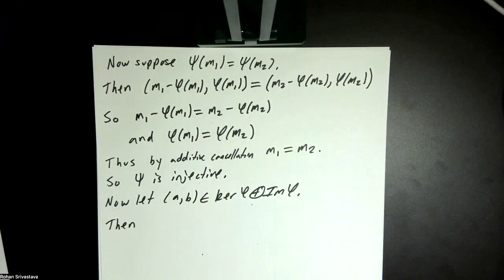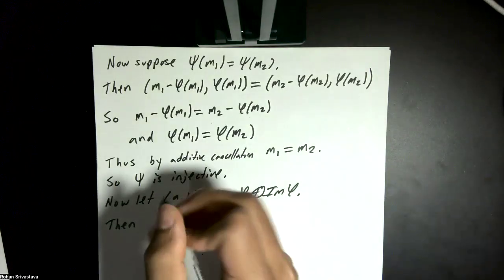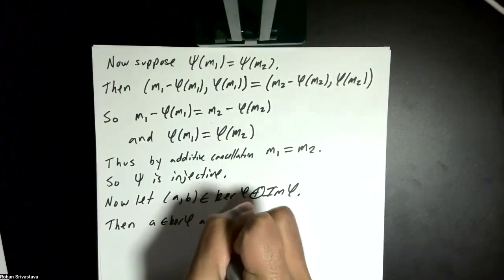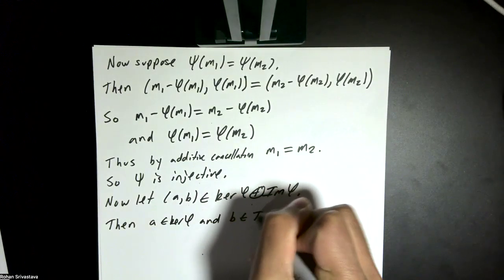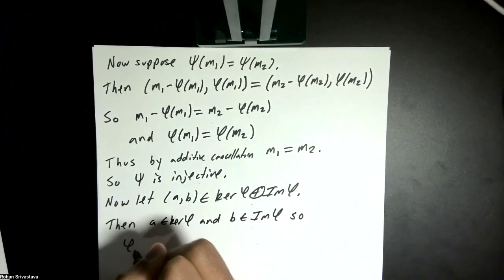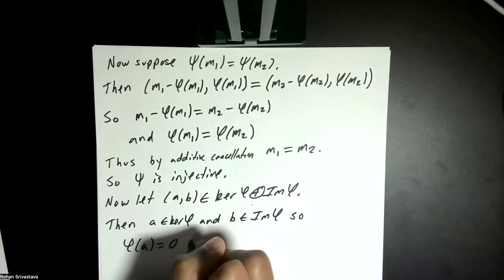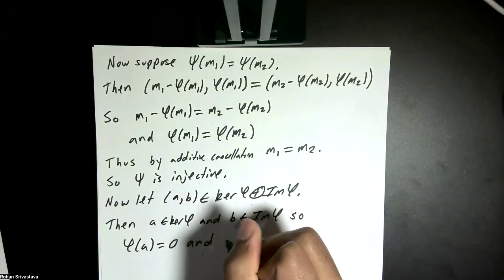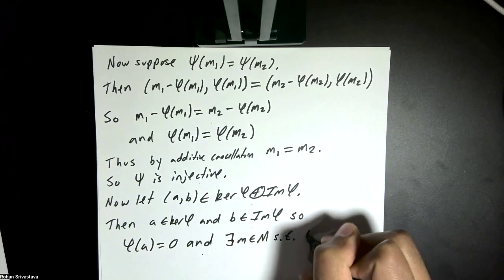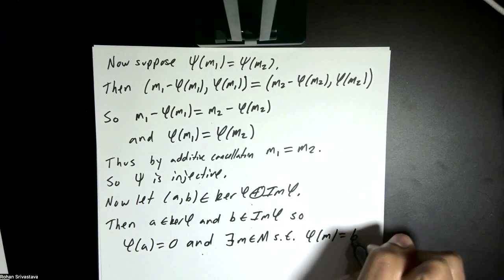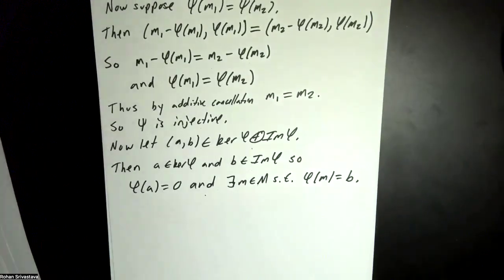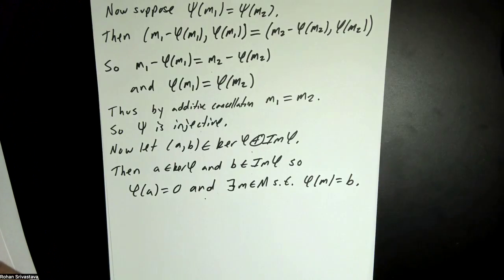A is in the kernel of phi, and B is in the image of phi. So A being in the kernel means phi of A is equal to 0, and B being in the image means there exists an M such that phi of M is equal to B.